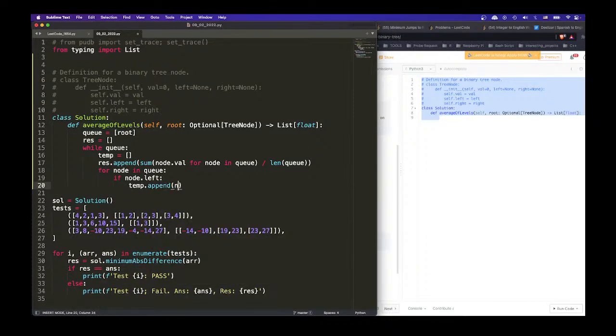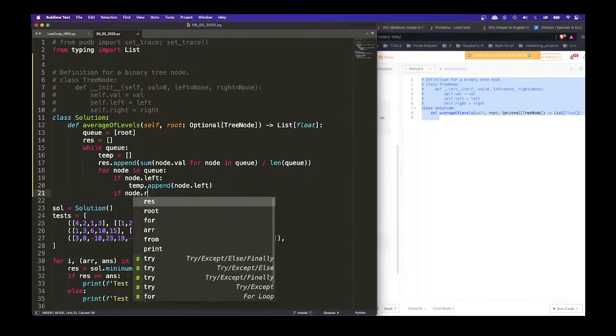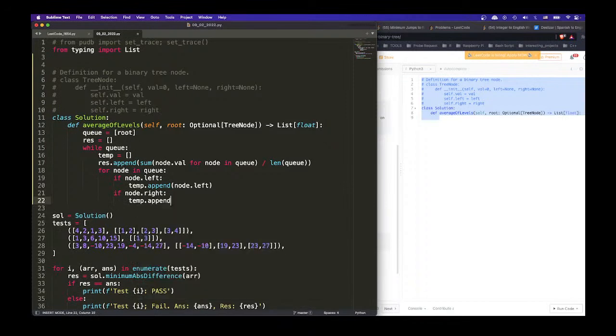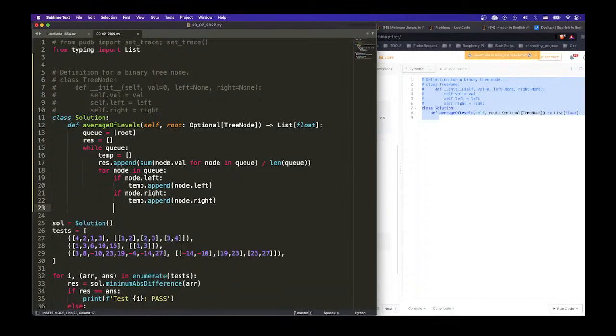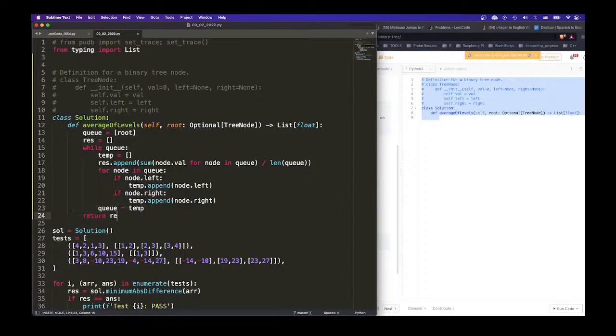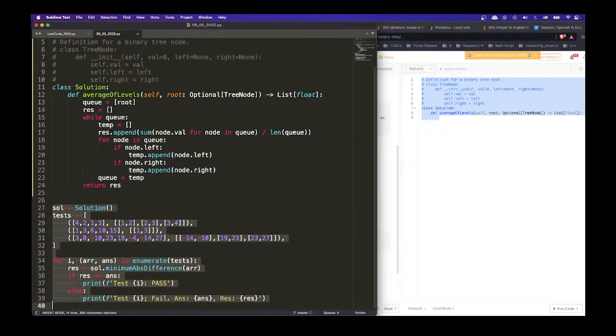This one. Right. Once we're done, let's see. This one shall be right.